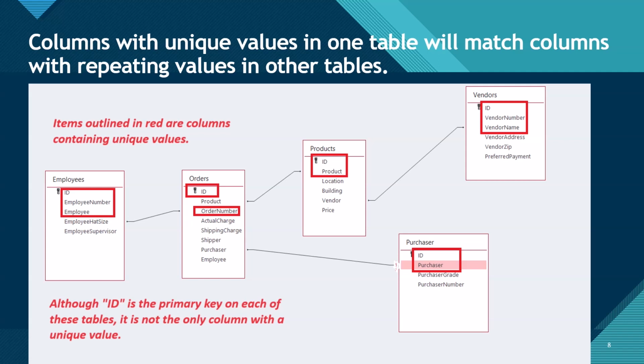In orders, order number and ID are the unique items. Order number is the only item in this table where the column is going to have unique values, because product is going to be repeated every time the product is ordered. Actual charge, shipping charge, shipper, purchaser, employee, they're all going to recur.